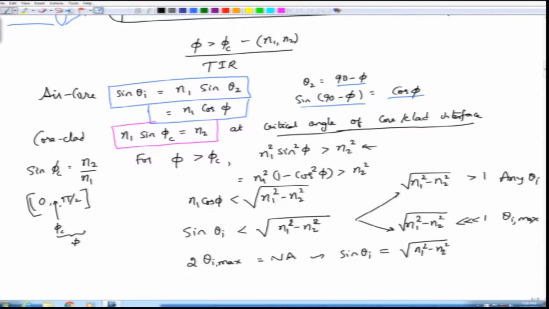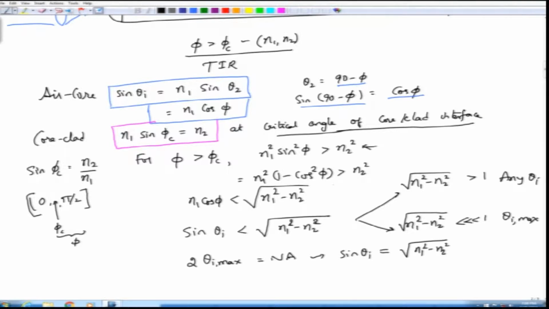So, once your angle of incidence becomes greater than the critical angle, then n1 square sin square phi will be greater than n2 square, because the sine of the refracted wave here would anyway become equal to pi by 2. So, this would have been gone, but I can relate sin square phi to cos square phi, because sin square phi is nothing but 1 minus cos square phi. So, n1 square into 1 minus cos square phi must be greater than n2 square for phi greater than phi c.